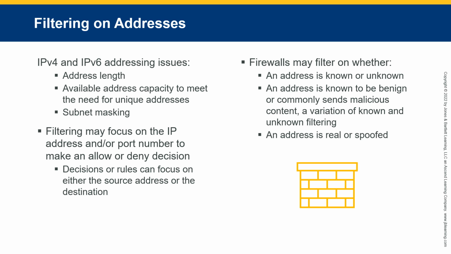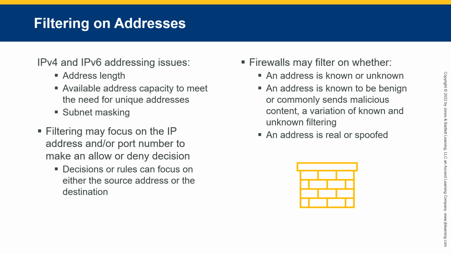So focusing maybe on the IP address or port number to help make an allow decision or deny decision when creating your firewall rules or network ACLs or something like that. Depends on where you may do it.